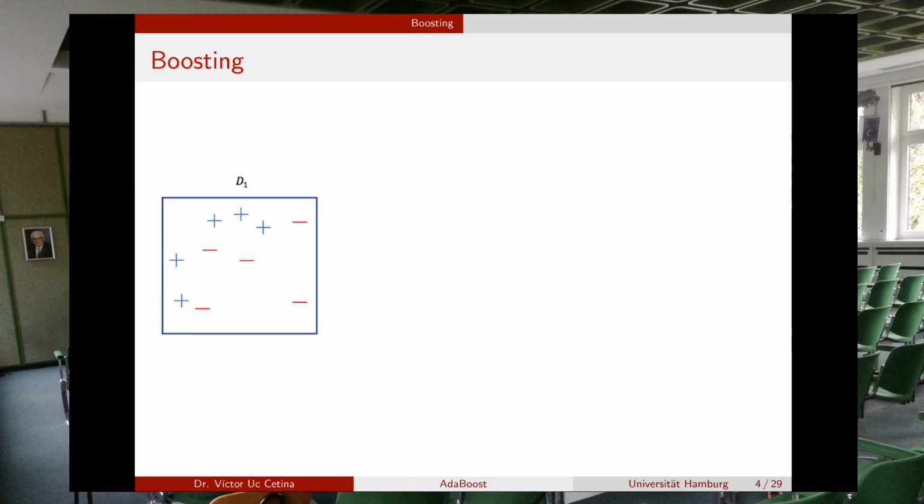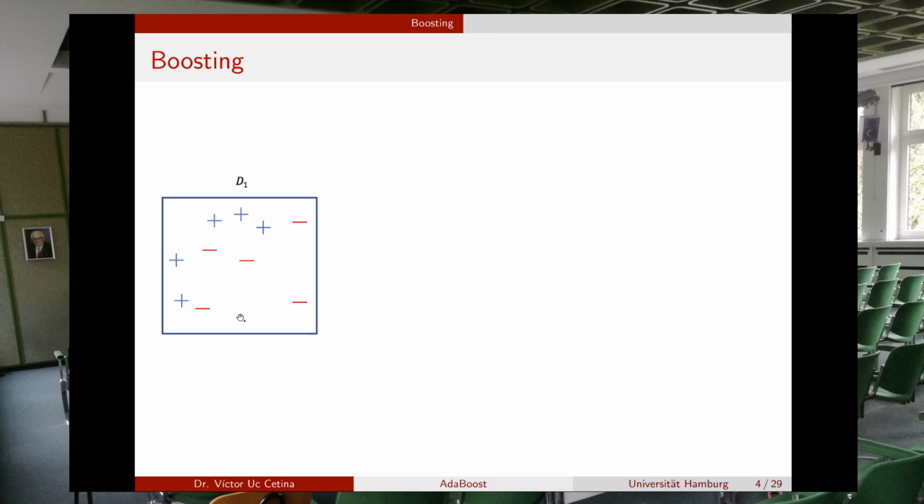So let's see an example. Suppose that we are given this data set with 10 examples. So we have here 5 positive examples and 5 negative examples. So these points are defined in a 2D space, so they are in this plane.